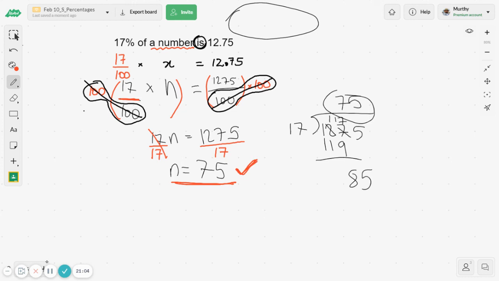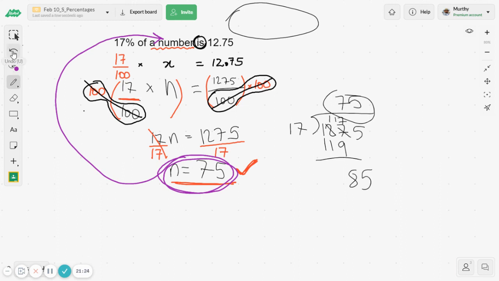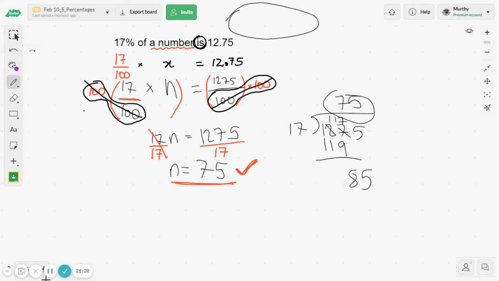Again, if you have a doubt whether this is correct or not, you can always plug back whatever value you got in place of the missing number and check what 17% of 75 is. If you compute, you will realize that it is 12.75.